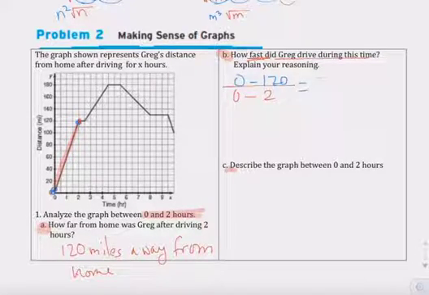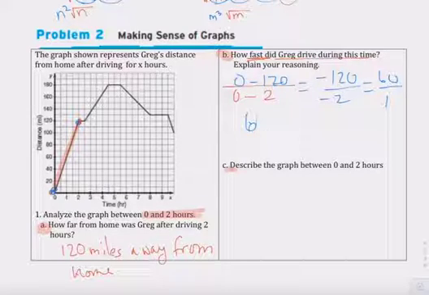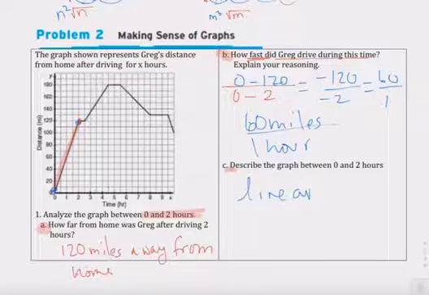So that gives me 120 over 2, which is 60 over 1. Greg is going 60 miles per hour, 60 miles in 1 hour. Describe the graph. It's linear and increasing.